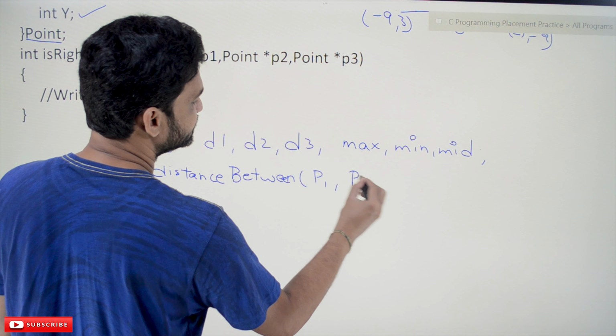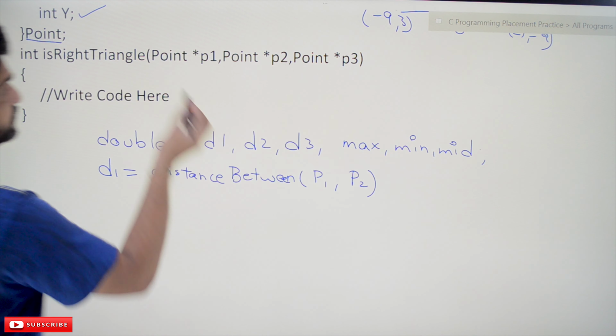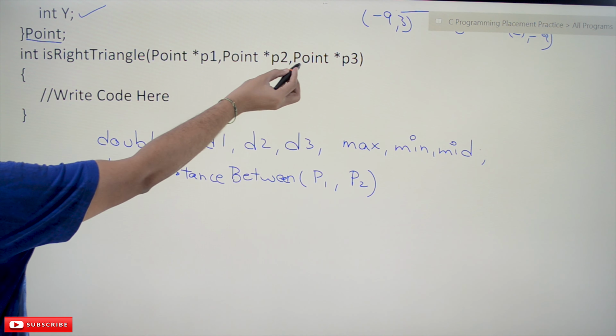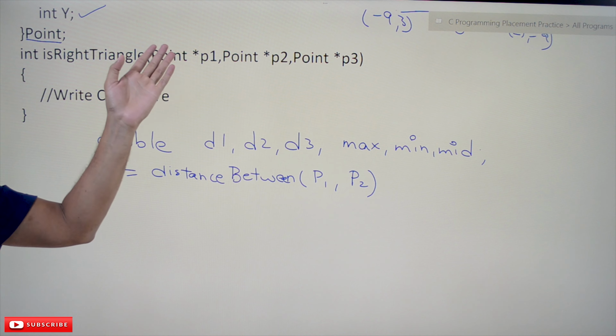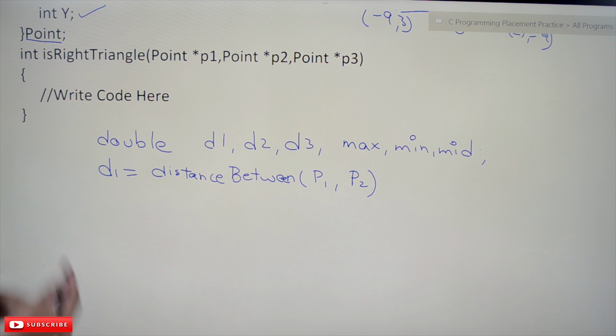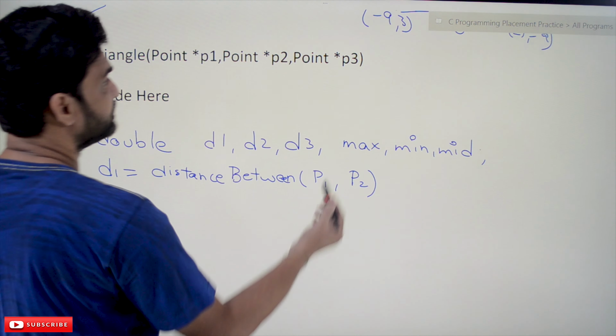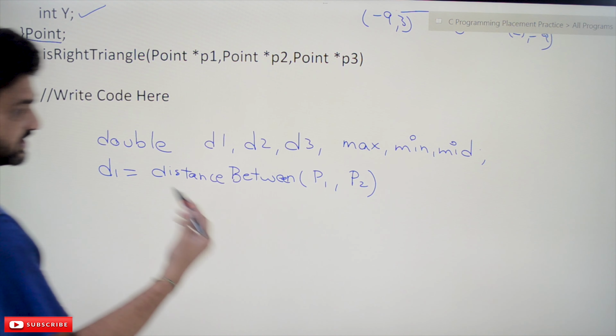So d1 is the distance between P1 and P2. These are structure variables P1, P2, which have X and Y as they have defined. Those values are already defined in the main function, we just have to use those points. Just by giving P1 comma P2 we can get the distance, since the function has already been written.